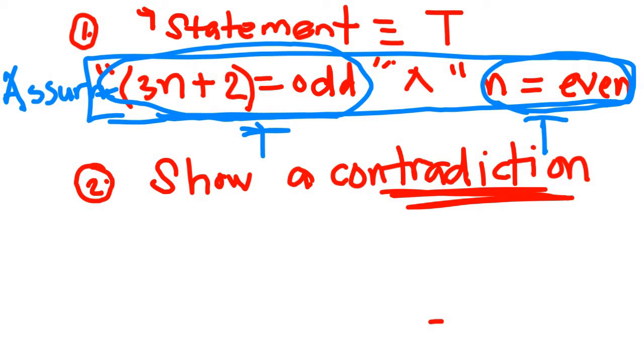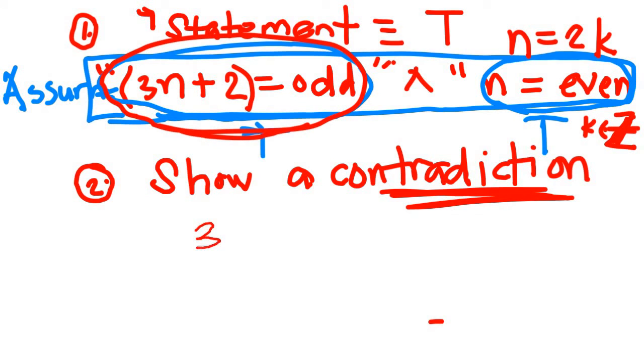So we are going to use n as even, which can be written as n = 2k, where k is any integer. We can now show that 3n + 2 is equal to an odd number.